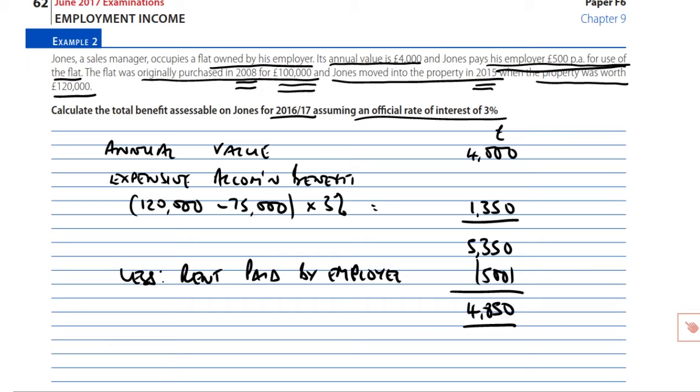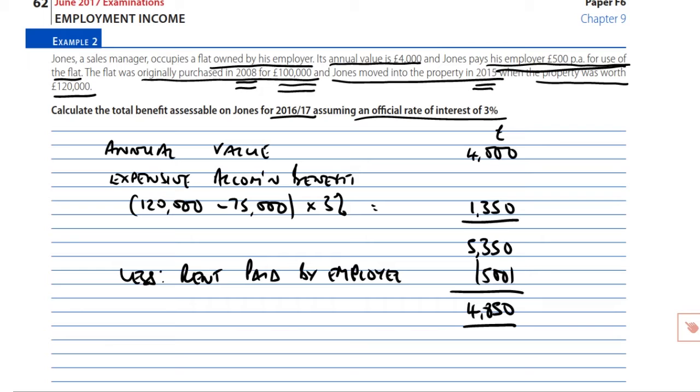That's another benefit. And the employer might pay for the bills, might pay the gas and electric bills for heating and lighting, might pay the council tax there. Again, a significant figure. That's a local tax payable in relation to residential property.